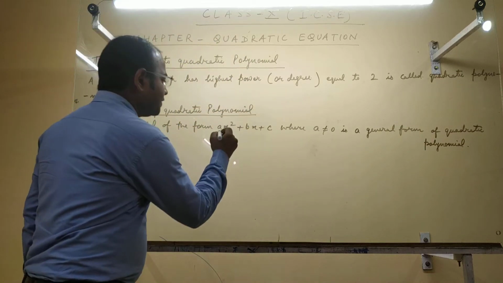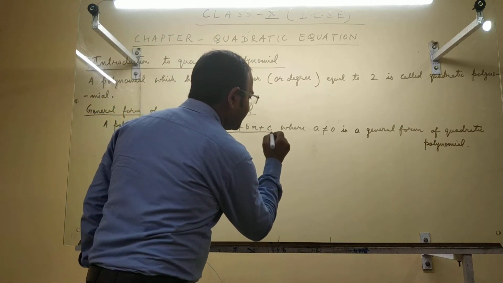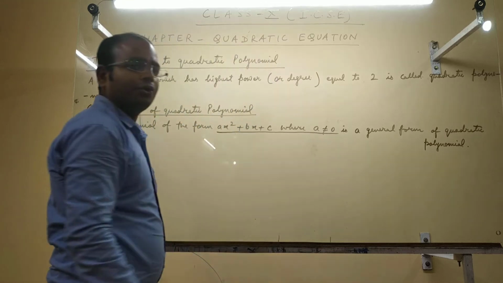Here, the general format is ax square plus bx plus c, where a is not equal to 0.